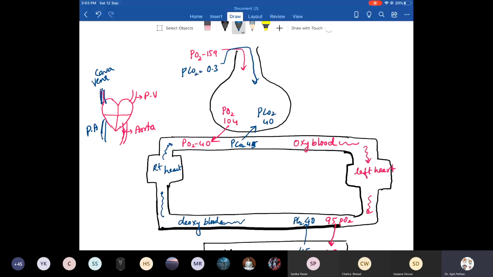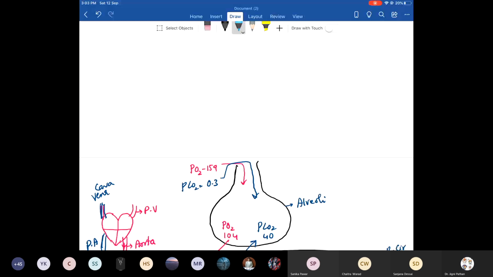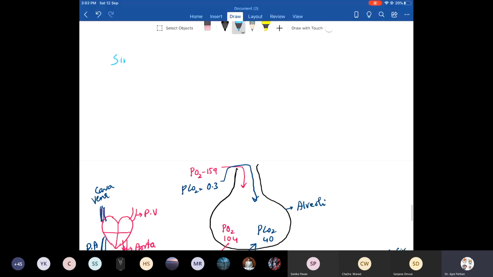And this is tissue, right? Now what happened? Listen to this. The first thing you should know is the exchange is happening by simple diffusion. This we have learned. The exchange is due to simple diffusion.